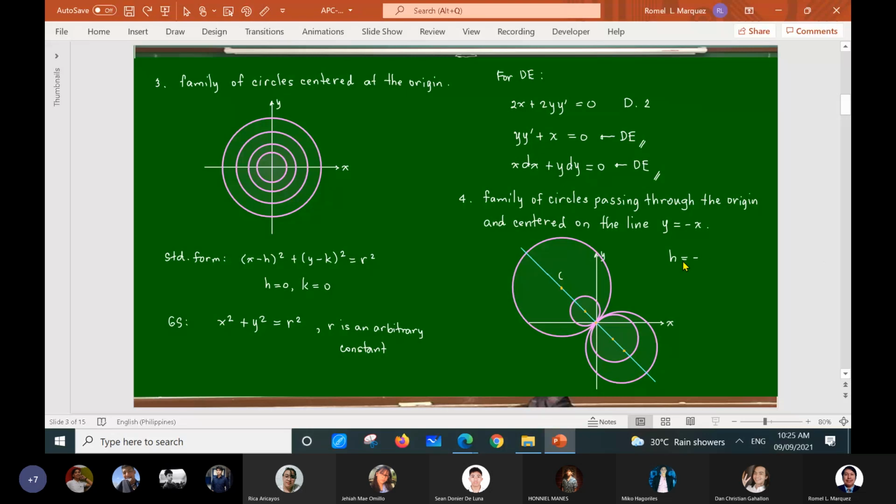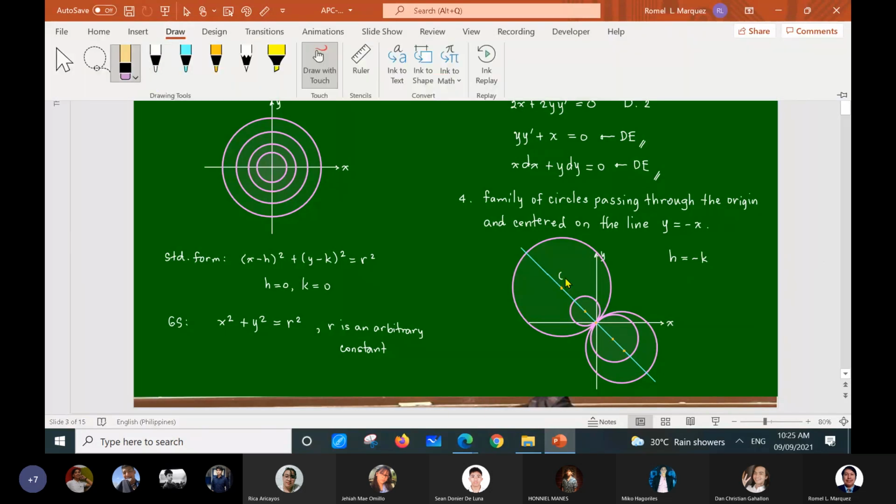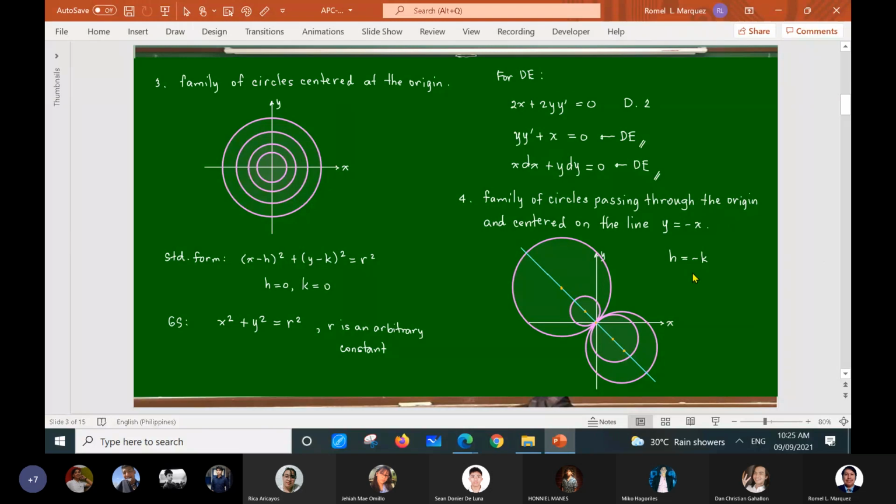Ang H, negative K, or ang K, negative ng H. Kaya kung may 4 tayo, ano yung ating K coordinate? Negative 4. Kung negative 4, positive 4. Kung negative 5, positive 5. Okay, guys? So that's the relationship between the center.